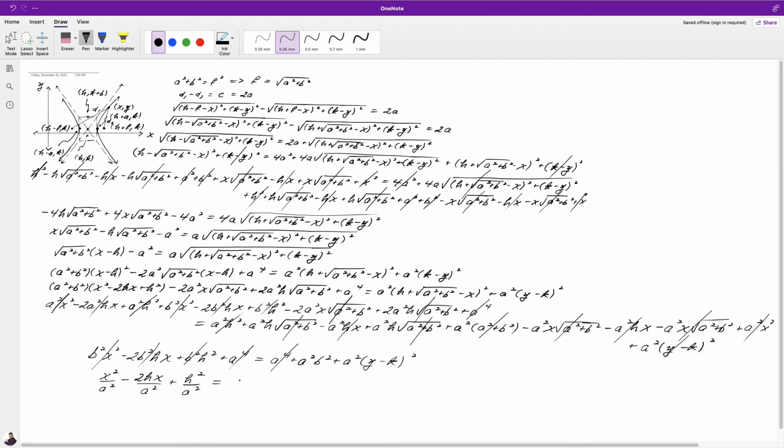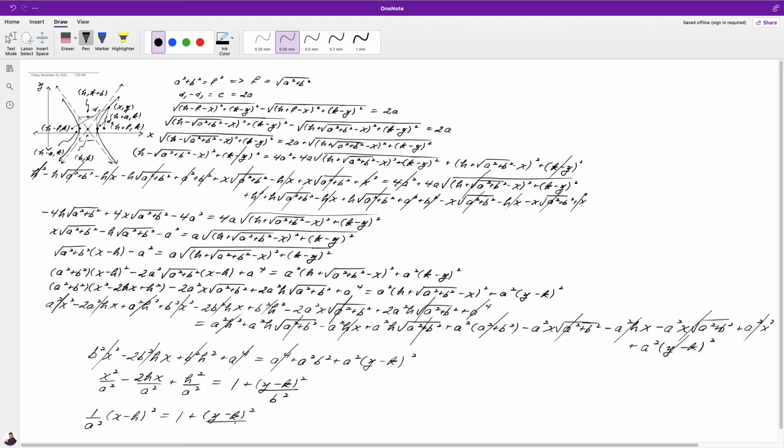On the right-hand side, it's going to be 1, because a squared b squared divided by itself is 1, plus y minus k quantity squared over b squared. Okay, we are just about done. Over here on the left-hand side, we can write this as 1 over a squared times the quantity x minus h all squared.